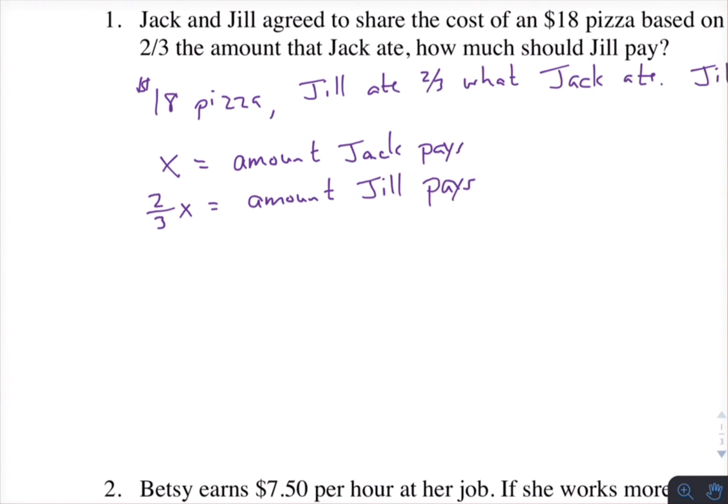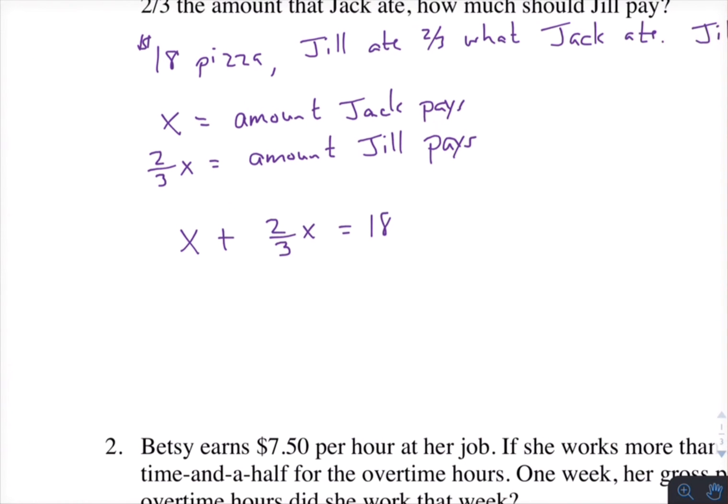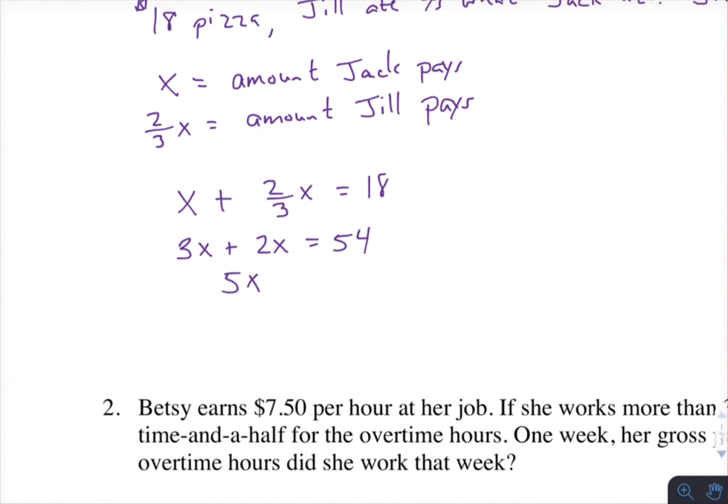And then our equation, after we have our variables, since it was an $18 pizza, the sum of what each one pays is going to be $18. Get rid of fractions. 5x equals 54. So x equals $10.80.